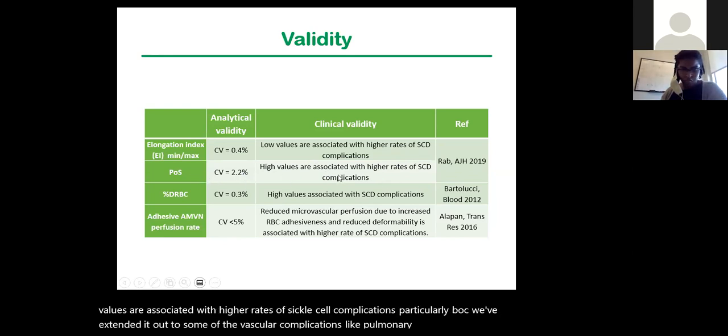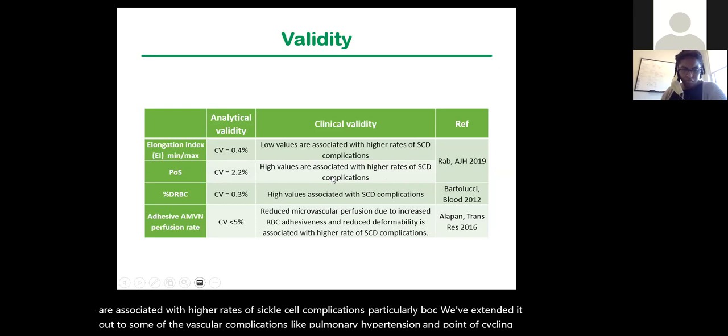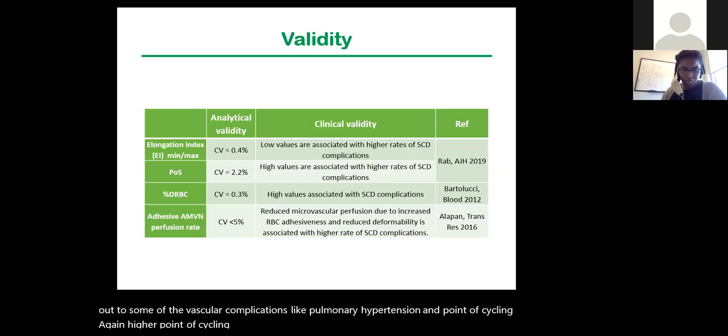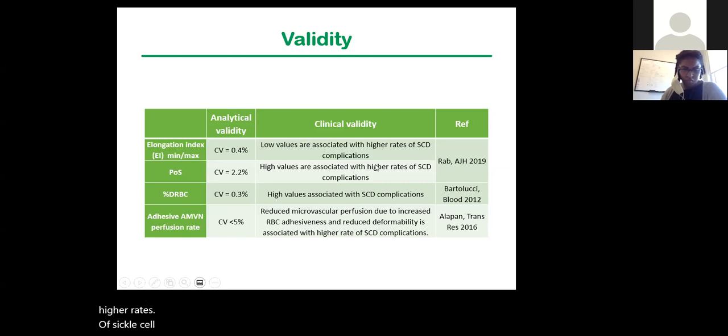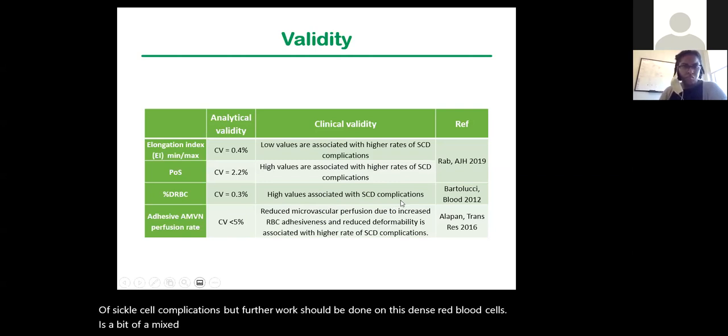And point of sickling, again, a higher point of sickling at a higher oxygen concentration associated with higher rates of sickle cell complications. But further work should be done on this. Dense red blood cells is a bit of a mixed bag because of differences in methodology.